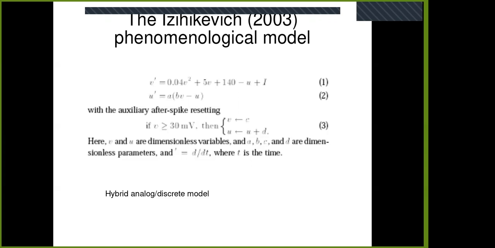But when Eugene explained it to me, the square and this 140 were arrived at from a nullcline analysis of the actual Hodgkin-Huxley equations, right? There's not a direct physical connection, but it's derived, I guess, from a physical model. That's probably where he got his inspiration, it's not that he was just trying 140 and 135.